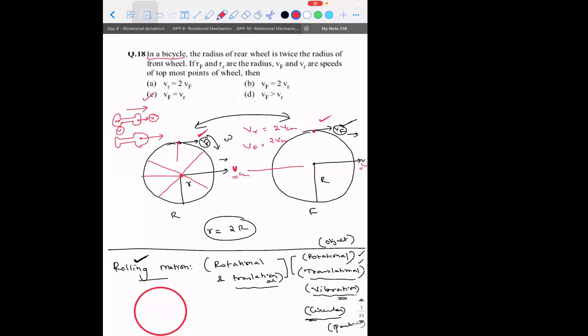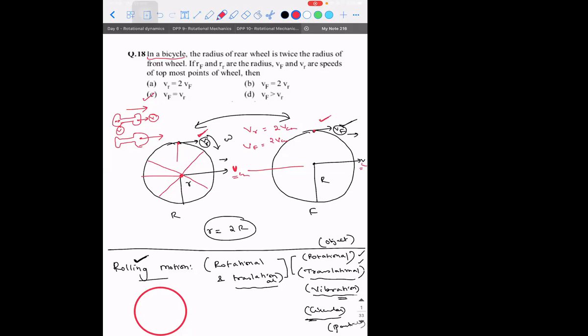Here, what is going to be different for both objects? Angular speed will be different, correct? Suppose they ask a question stating what is the relation between their angular speeds, let's extend the question.